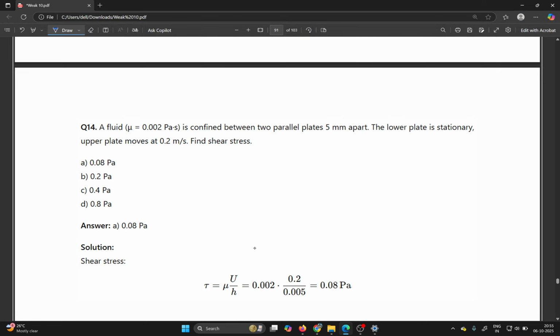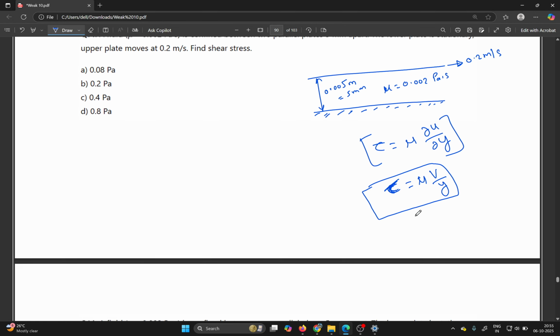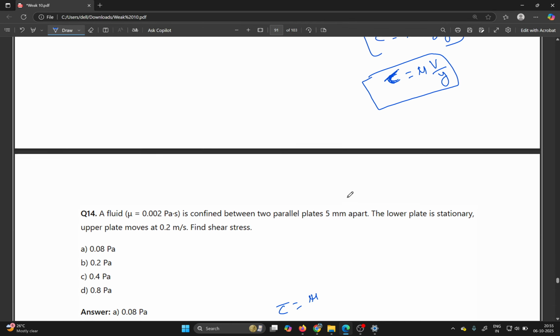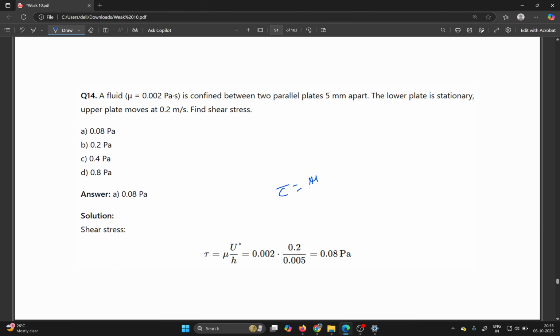Tau is equal to nothing but mu, whatever I have written here, in a simplified way, mu times velocity by Y. A similar thing, mu velocity by H or Y, you can say. So you are calculating at the top.